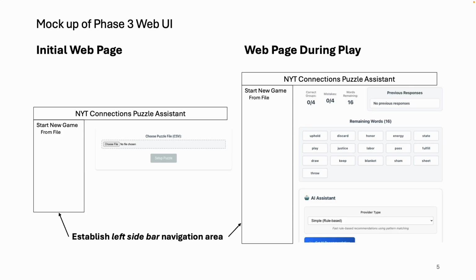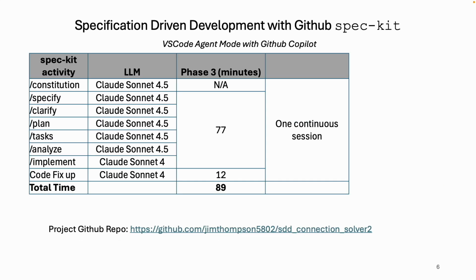We still have the familiar initial page and the play screen, but we've added a major improvement, a left side navigation bar. This new layout sets up for future enhancements such as multi-puzzle support, history tracking, and more complex interactions. Everything in this phase, just like the previous ones, was driven by Spec-Kit.